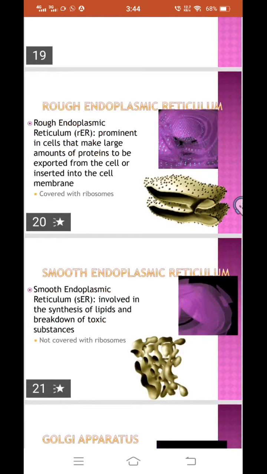यहाँ पर small granules are present on the boundary of the endoplasmic reticulum. The surface is not smooth. Okay, the endoplasmic reticulum surface is not smooth. So ये जो हमारा endoplasmic reticulum होता है, this endoplasmic reticulum was first reported by Porter in 1945, and these endoplasmic reticulums are generally present in the different cells.